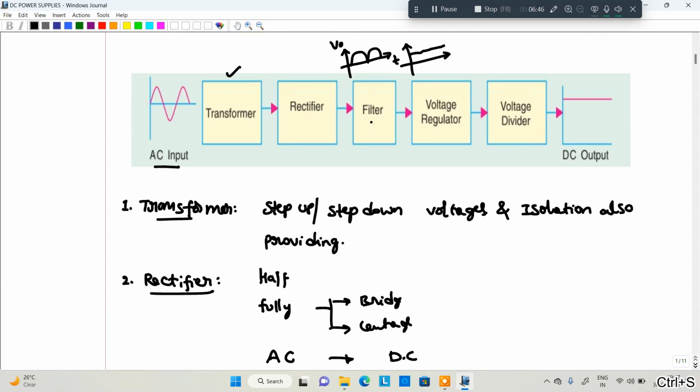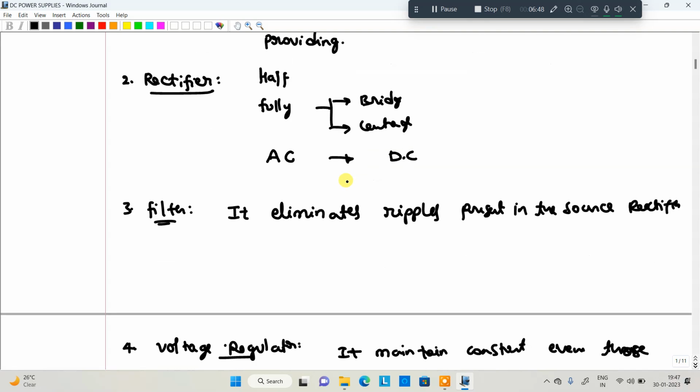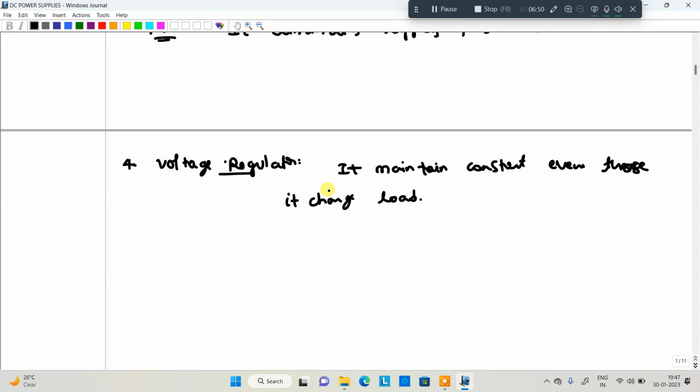So after that, last one, the voltage divider. What exactly is the voltage divider doing here? If your output voltage is available, you may want to drive 3 or 4 loads at a time. That is possible with the help of the voltage divider.